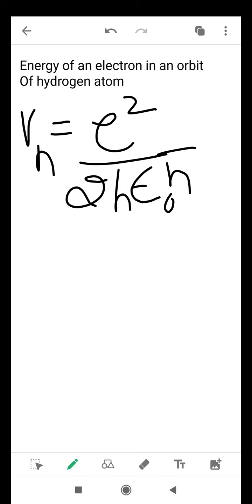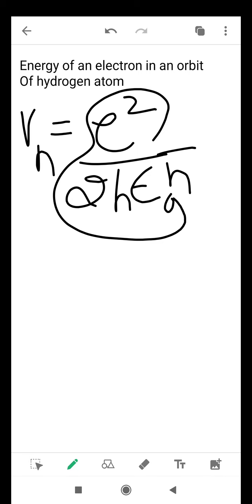We derived this in my last session. Now, these all are the constants.